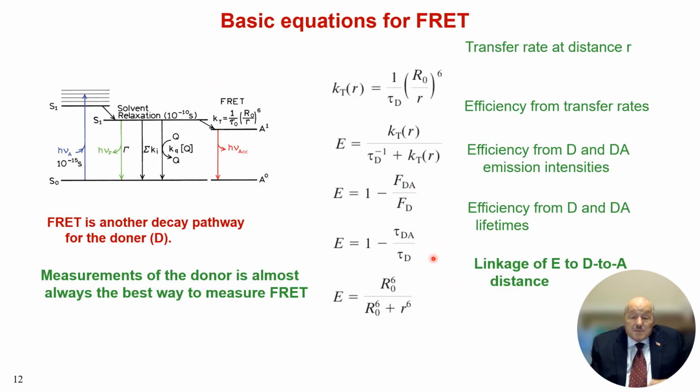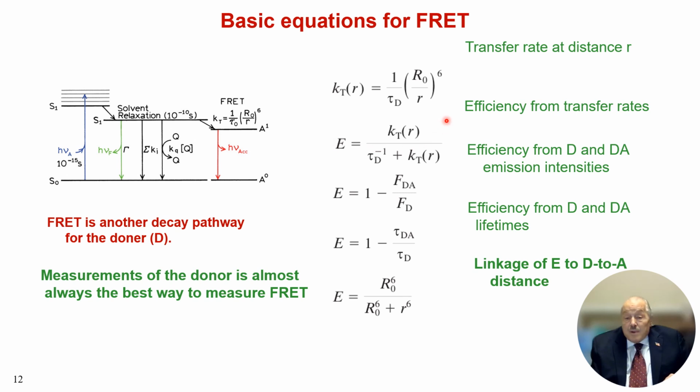So I just wanted to put in one spot all of the basic equations that we use in energy transfer. We're linking it to the Jablonski diagram, where the molecule is shifting to the other side. It's another decay path for the molecules, and the donor provides the most reliable value.